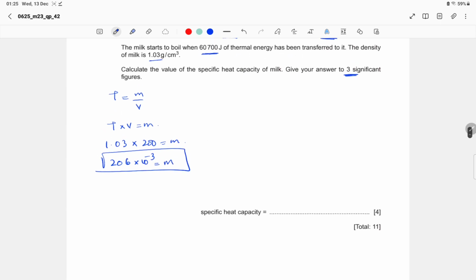Now we are going to put it in the specific heat capacity formula. Q equals m c delta T. Q is 60700 joules of energy, divided by 0.206 times 95 minus 20.